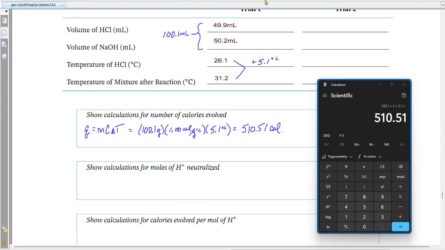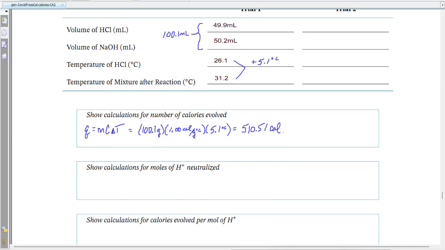Now, up in the procedure up there, it tells us, calculations for calories evolved per mole. Well, we need to know how many moles of hydrogen were evolved, or neutralized, I guess, here. So, well, how do we do that?